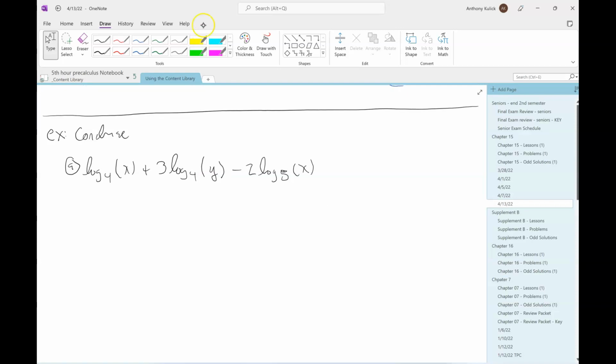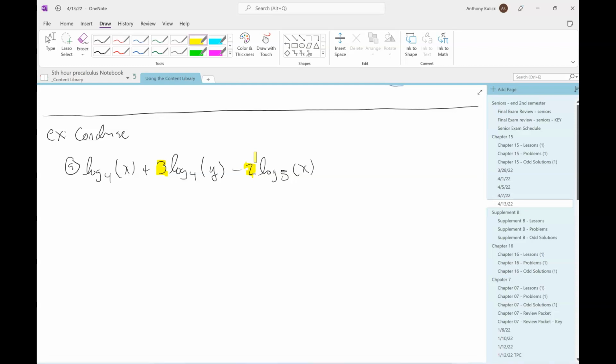So, if I look at my problem here, do you guys see any power properties? You should see 2. Because I have a coefficient here and a coefficient here. Remember, we're using the right-hand sides. We're concerned about what's going on outside the logarithm when we're condensing, not what's going on inside the logarithm like we are when we expand.